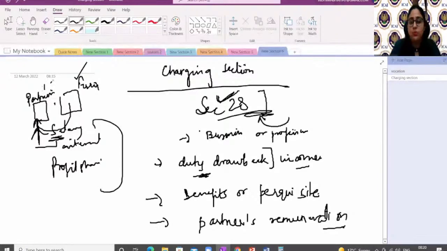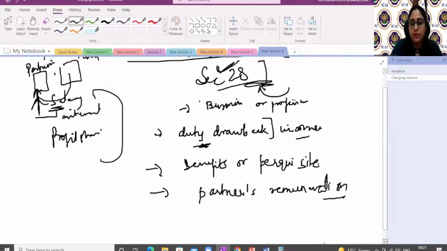He is the part owner of the firm. Any salary, any interest, any profits which he is getting is part of the PGBP income of the partner. Clear? So because of section 28, it is written that salary, interest, profits would be part of the business income. That's why it is coming in the business income.